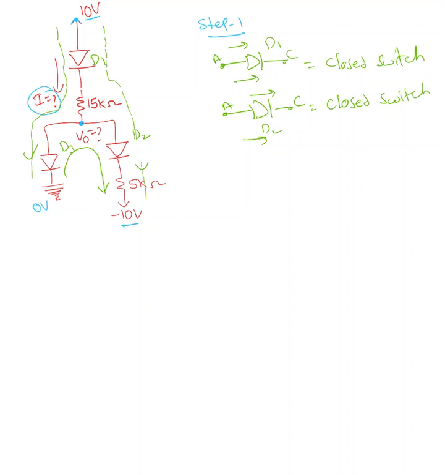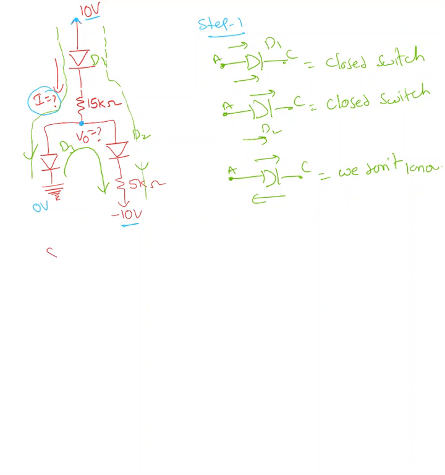Okay, and D3, now when we look at D3, one current is getting in, another current is going out. I mean, one is flowing from anode to cathode, another one is cathode to anode. So we don't know whether it is acting like a closed switch or open switch.